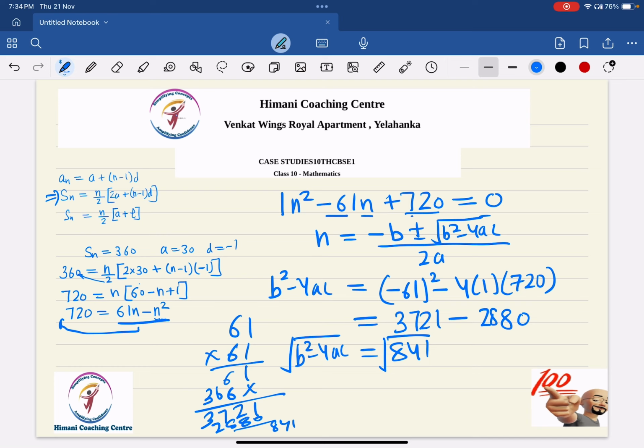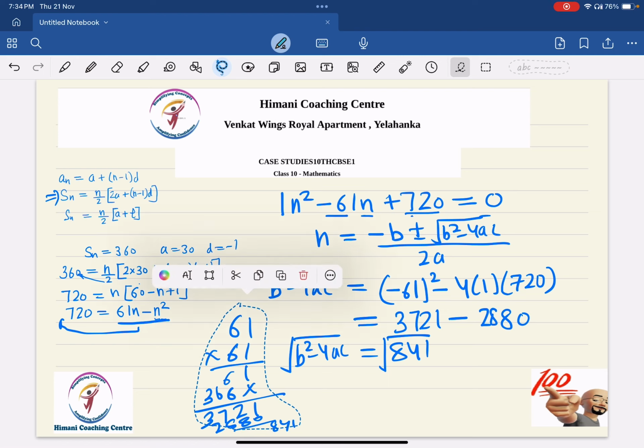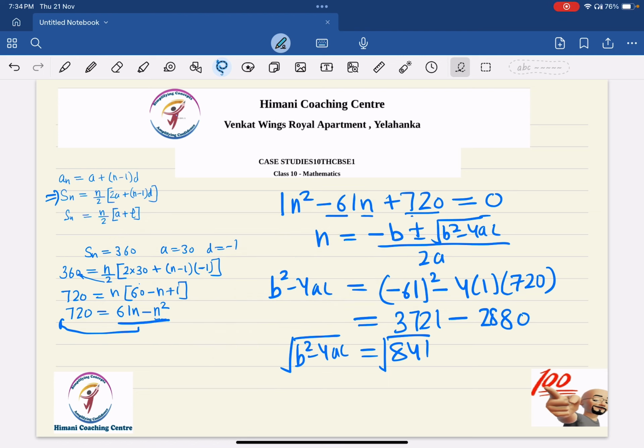Now I have made a video on how to find square roots in 30 seconds. If you have not watched that video, I would suggest you to watch that. I'm going to utilize the trick. The trick is first make pairs from the unit digit. Now, the unit digit is 1, so the unit digit of the square root would be either 1 or 9.